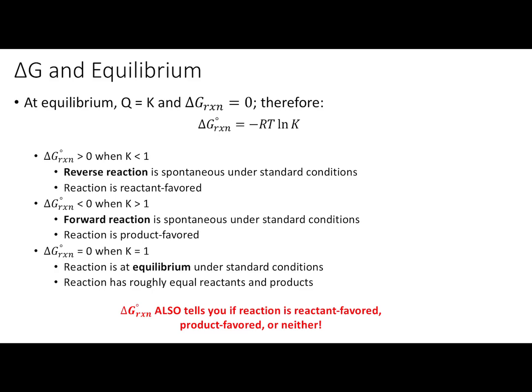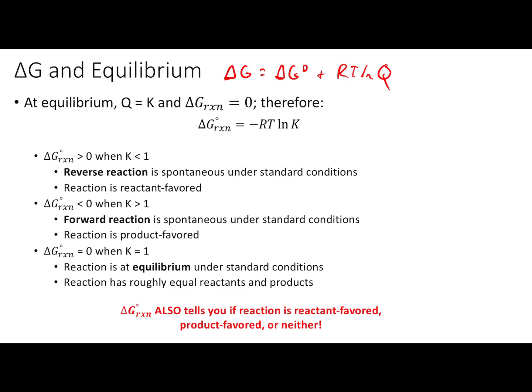Now let's turn our attention to delta G and equilibrium. In general, it is true that under non-standard conditions, delta G equals delta G0, or the value of Gibbs free energy at standard conditions, plus RT natural log of Q, where R is the universal gas constant, T is the temperature in Kelvin, and Q is the reaction quotient.